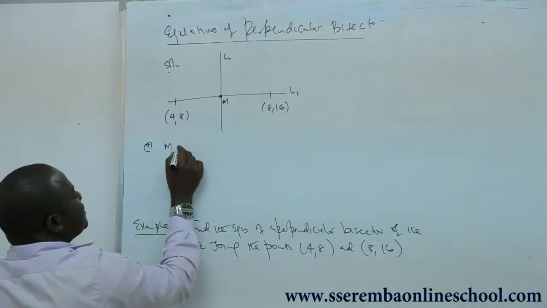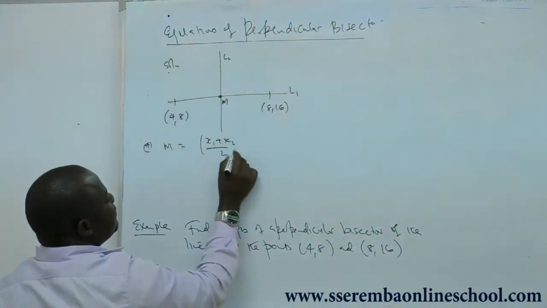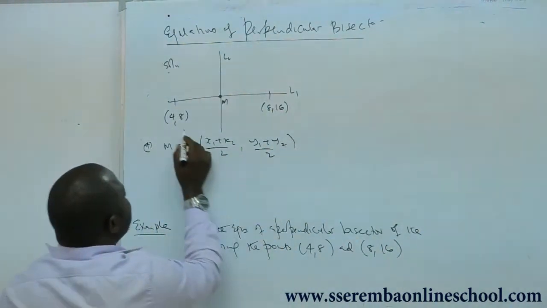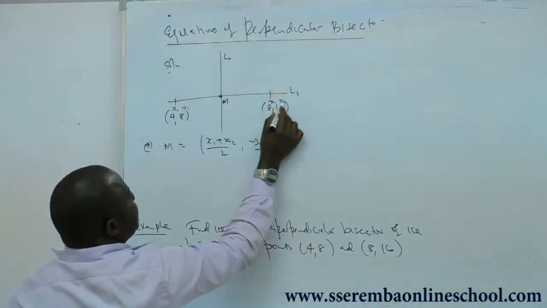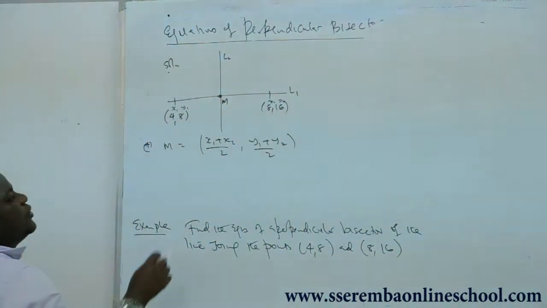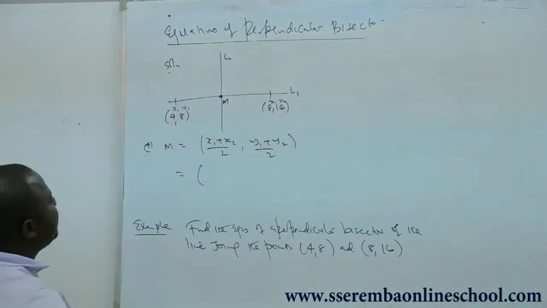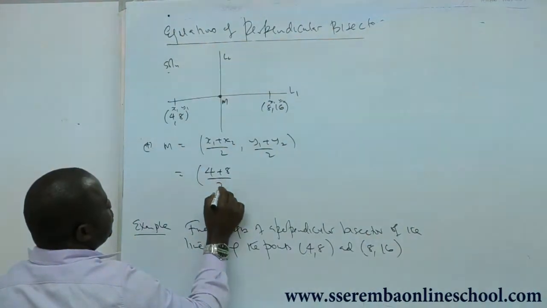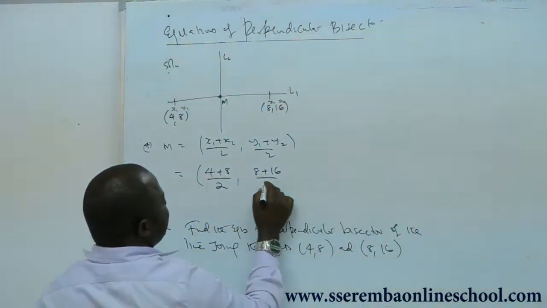The midpoint is given by x1 plus x2, you divide by 2, y1 plus y2, you divide by 2. So you name the points the usual way, x1, y1, x2, y2. So you substitute, and you shall have 4 plus 8 over 2, and then 8 plus 16 over 2.